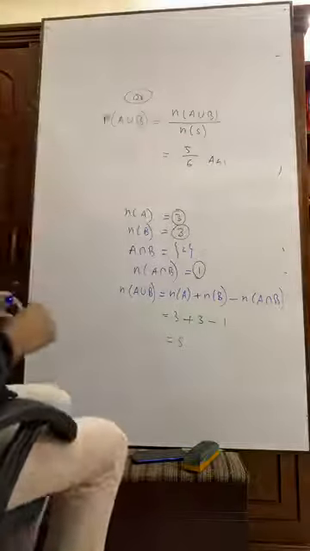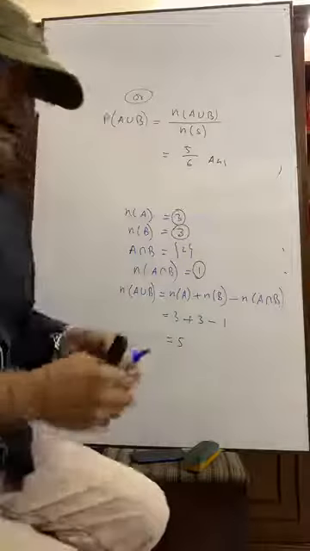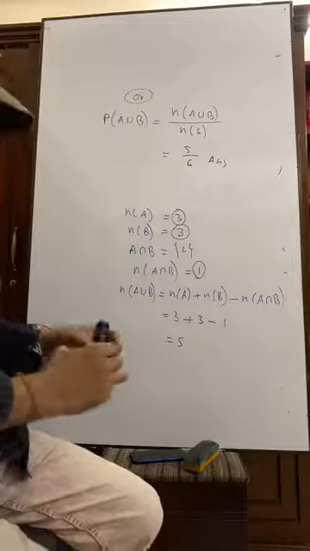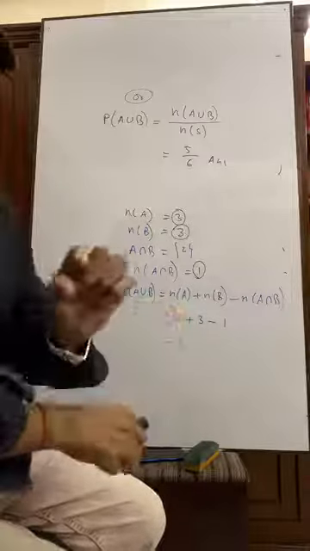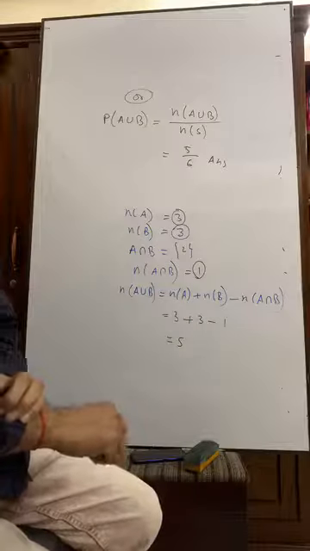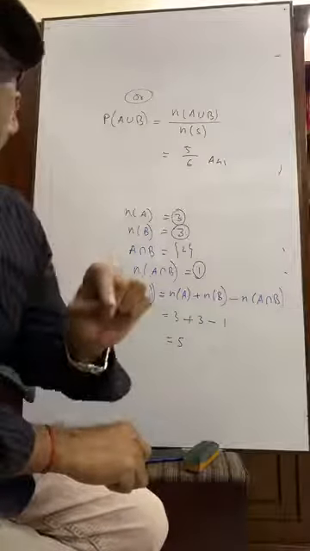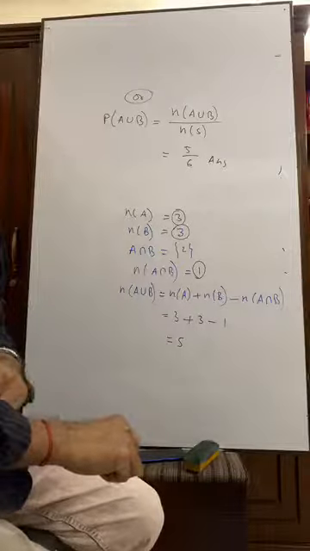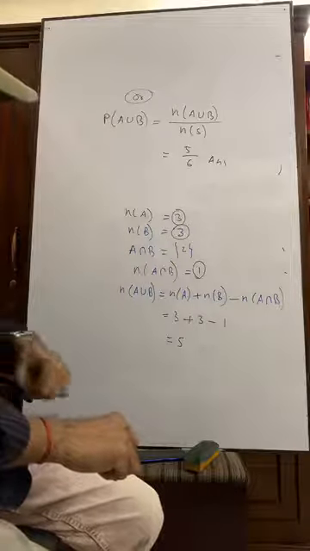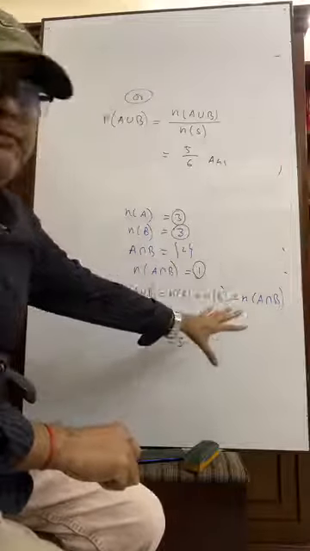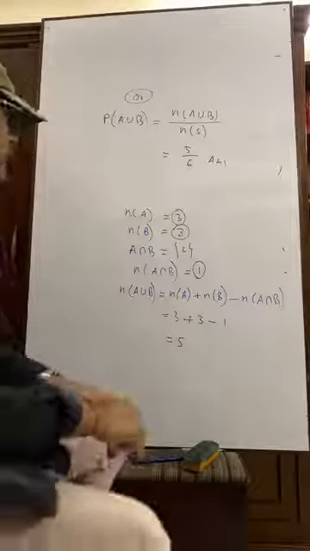So you have to think in the exam hall at first whether there is any common or not. Okay? If there is any common, you have to do it like this. Okay.